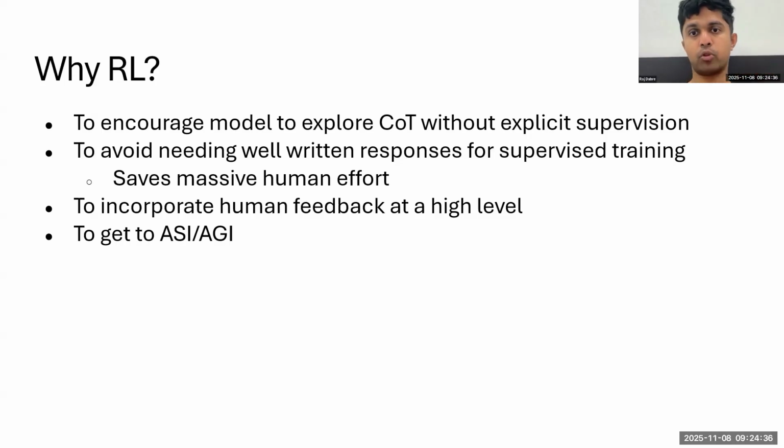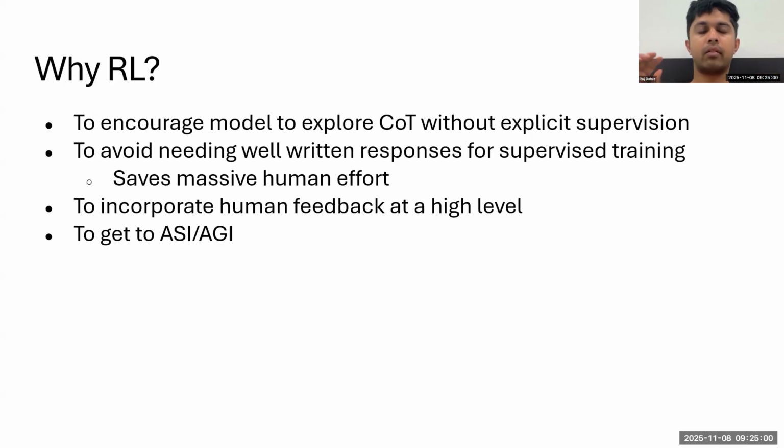this approach of not having explicit supervision will save a lot of human effort, because if you've done some data annotation, you'll realize how time consuming and exhausting it can be. The advantage of non-explicit supervision is that you just give very high level feedback.